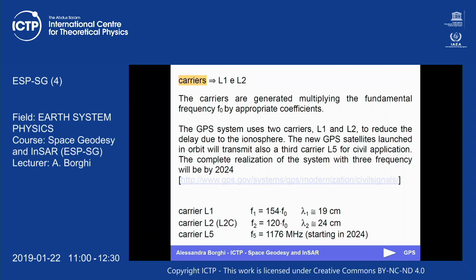And we have another carrier starting this time. They started to put in orbit satellites with another frequency. On this page you can find a lot of information about the modernization of this signal, because GPS also started to improve the system, and this is called modernization.